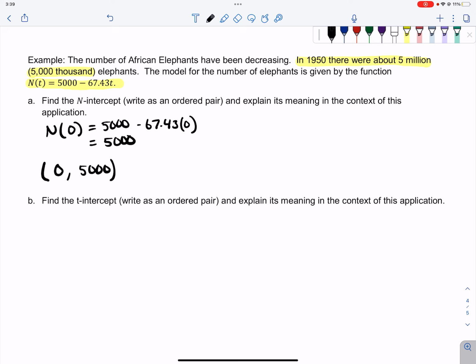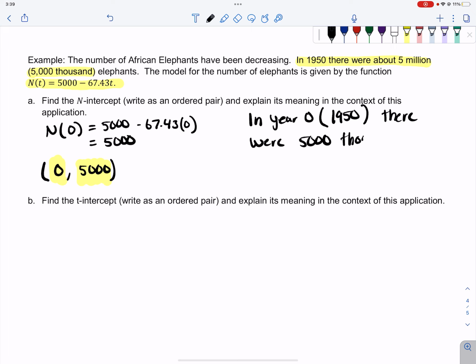But what does this mean? This 0 represents years, and this 5,000 is our number of elephants in thousands. The 0 corresponds to the year 1950, the start of this model. So in year 0, aka 1950 in real life, there were 5,000 thousand elephants.